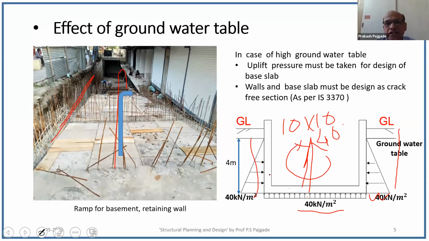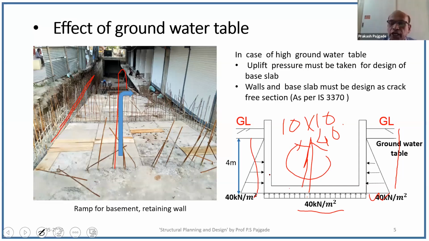And for that, the requirement of steel as well as thickness will be quite large for crack-free section. So groundwater table plays most important role in design of basement.